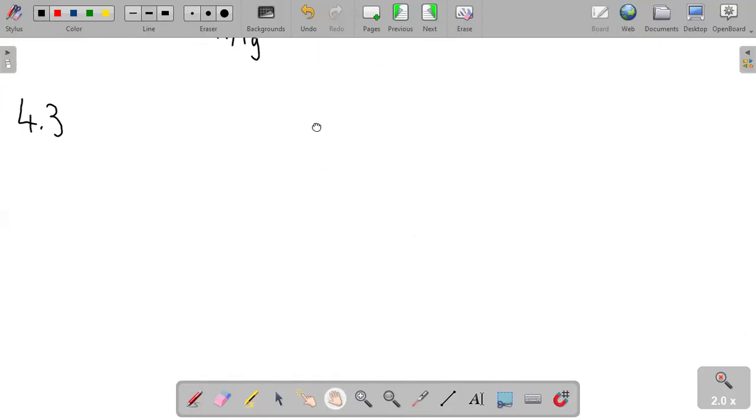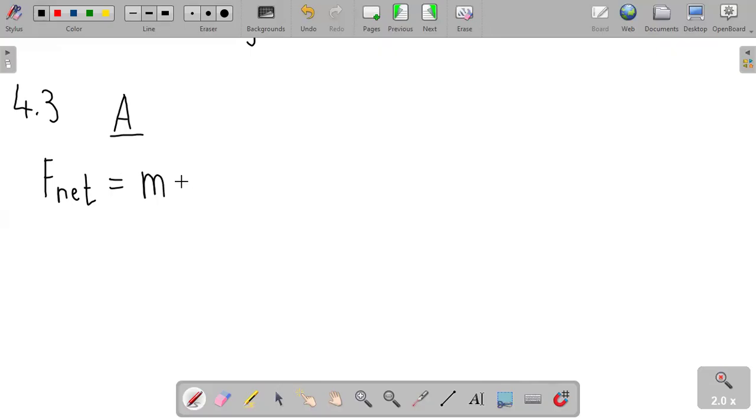For block A, I'm going to say F net, the net force, equals MA. And then we say that the tension minus the weight will be equal to MA.